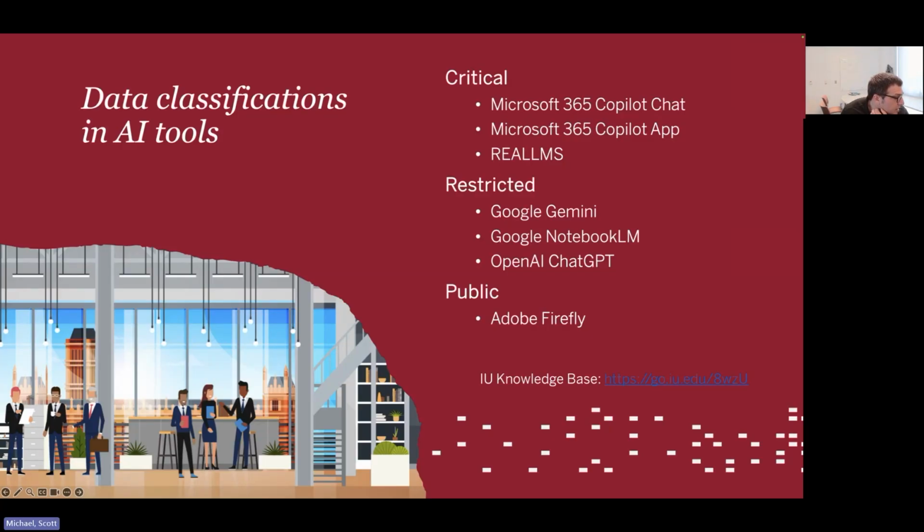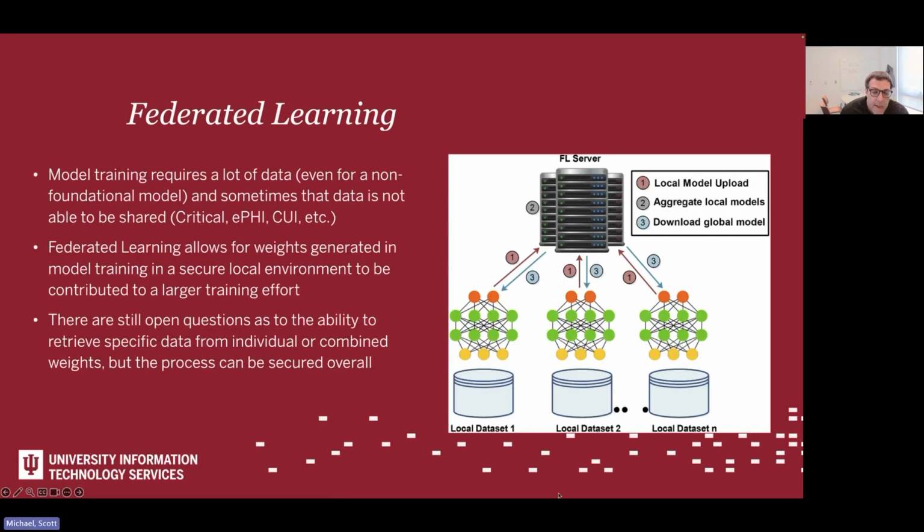How could you put your resources together to train a better model? As I said earlier, the accuracy really depends on the amount of data, and often that is the limiting factor for how good the model can be. And that's where we come to the idea of federated learning.